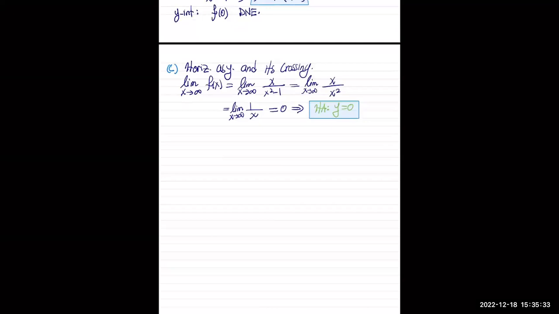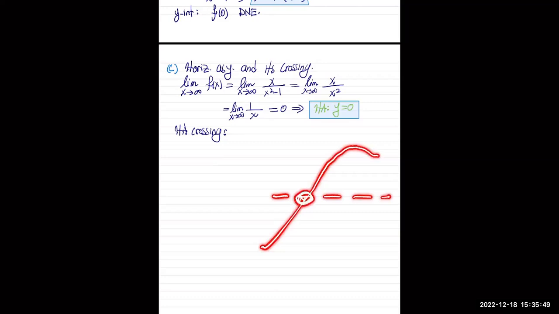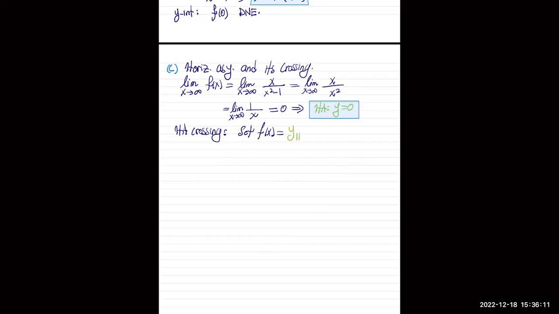Now we need the horizontal asymptote crossing. Again, if there is a horizontal asymptote and the function crosses it, at that crossover the function and the horizontal asymptote have the same y value. So you set them equal. Set f of x equal to the y of your horizontal asymptote.